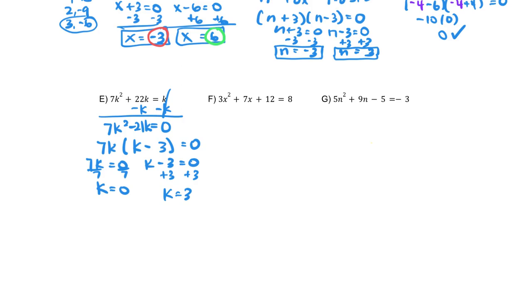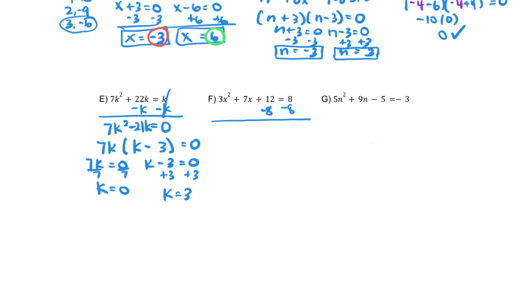Looking at example F, it is the same situation where I have something on the right and I want to have it equal to 0. So I can subtract 8 from both sides. Again, I'm subtracting and I'm making sure that I line up my like terms. So the 8 goes with the 12, and so I'm going to line that up there.